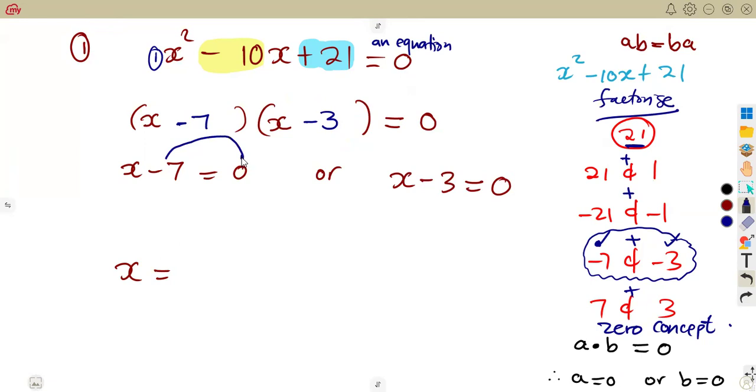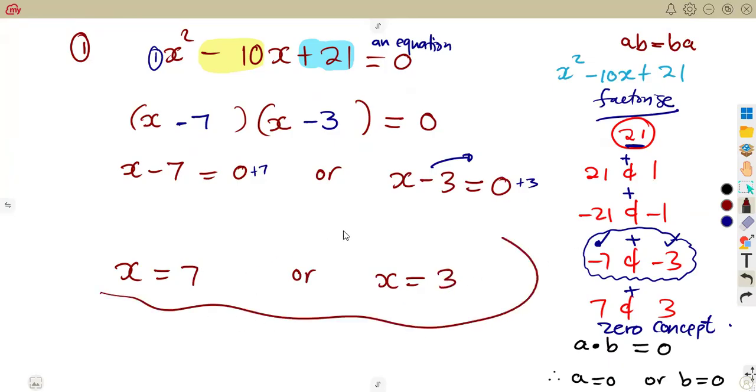The minus 7 to the other side of the equation becomes a positive. So that's 0 plus 7, which is 7. Or x is, the minus 3 to the other side becomes positive, so that's 0 plus 3, which gives us 3. So these are the possible values of x that satisfy the equation we are given.